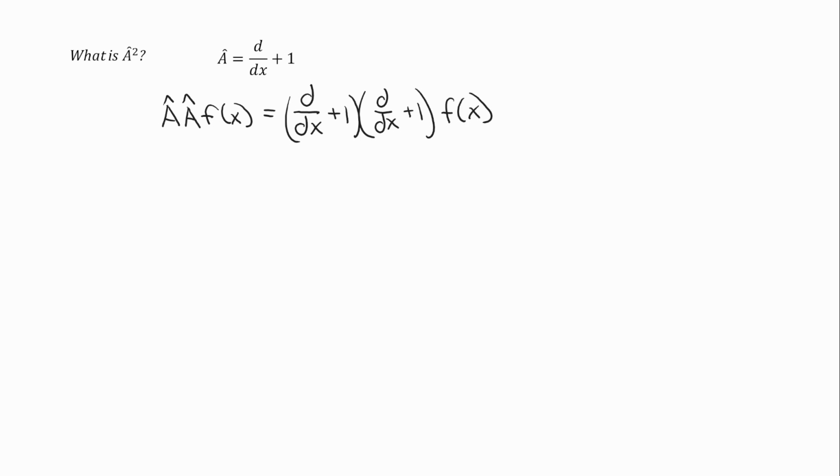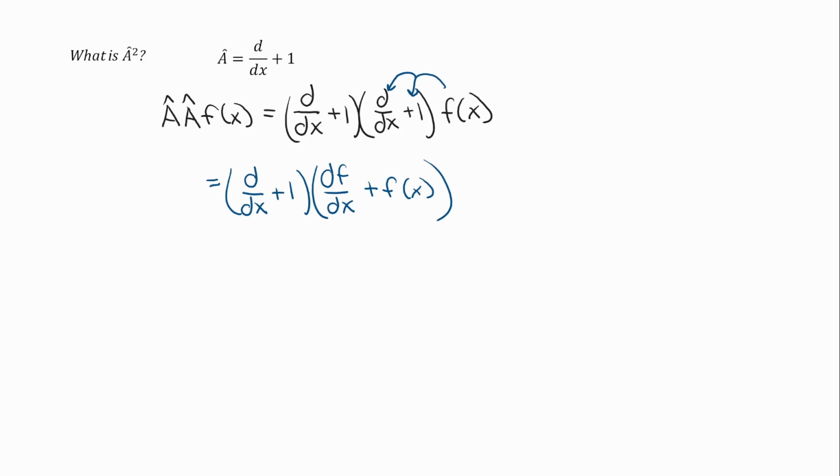The first thing that you should do is distribute your function to your first operator. So let's do that first. So this would be equal to d over dx plus 1 multiplied by df over dx plus f of x. So let's distribute out our two quantities while retaining the order, because order sometimes will matter.